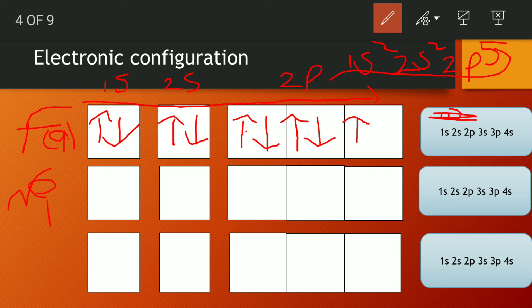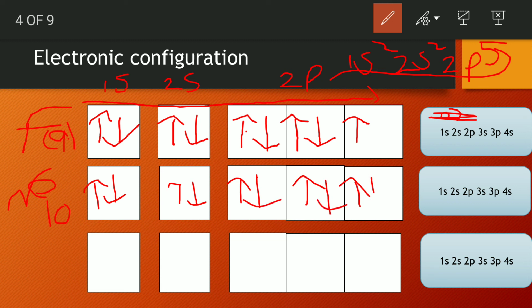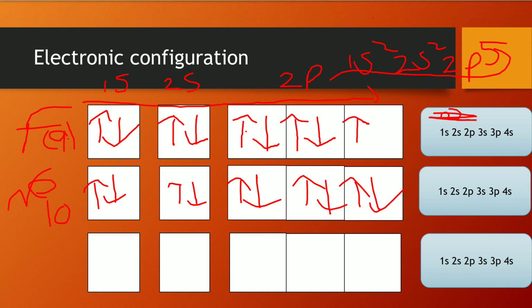Neon is 10, and this would be its electronic configuration. This all you can do on your own. It's very easy. Now let's talk about the main part.